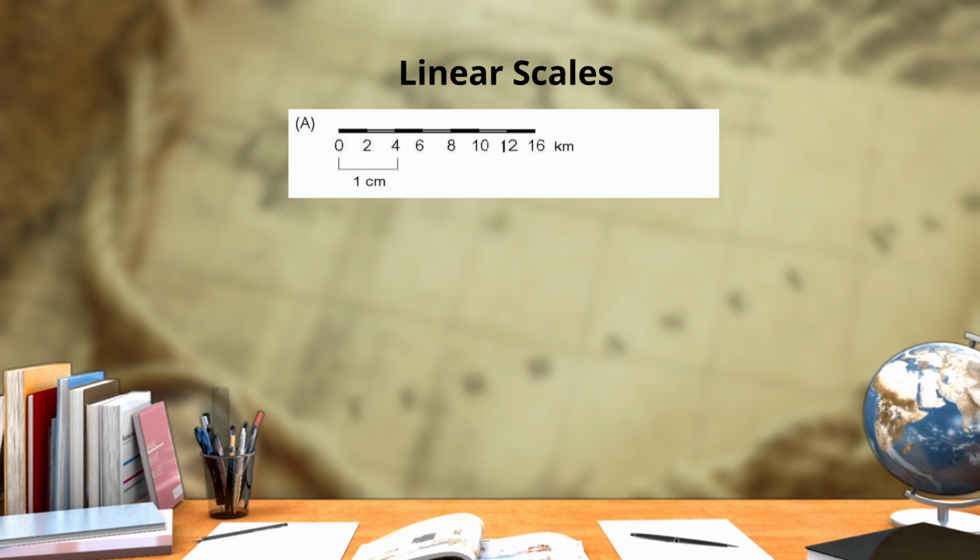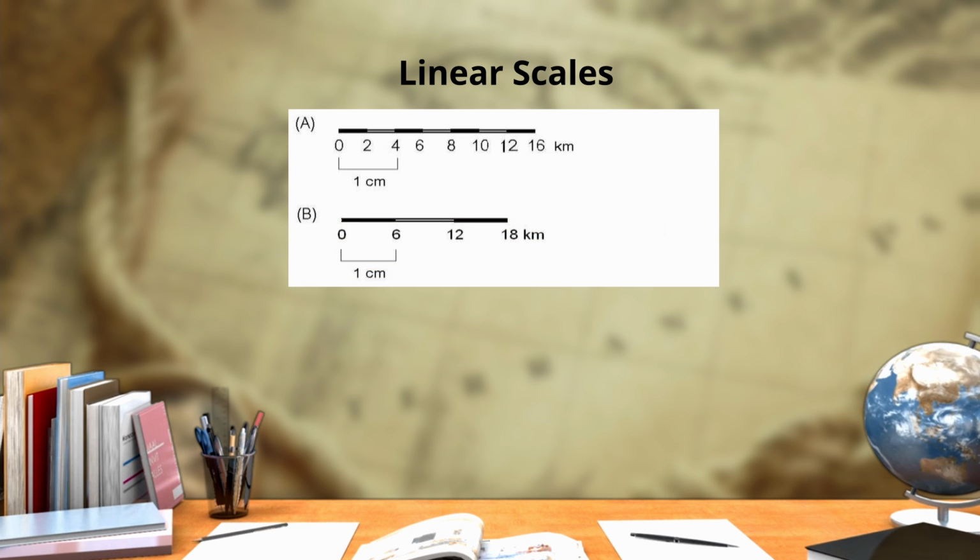So now what we say is 1 centimeter on the map represents 4 kilometers on the ground. So the distance between the numbers, that one that we measure with a ruler, is the distance on the map, while the number itself, looking at the correct unit at the end, represents the distance on the ground.